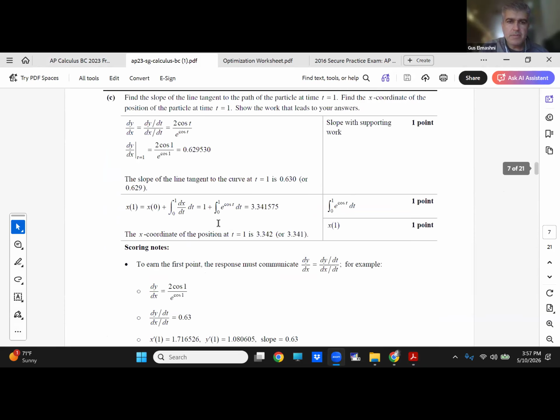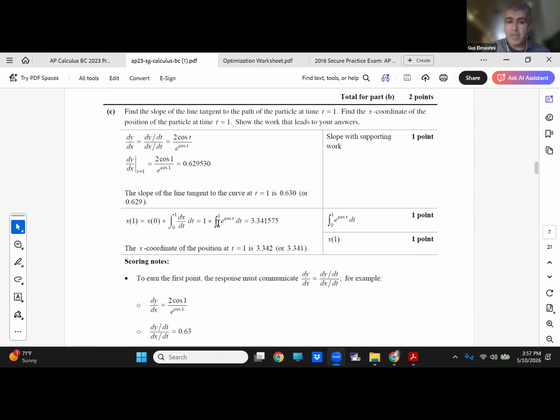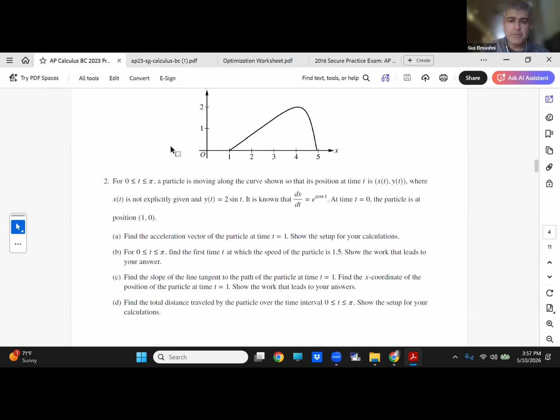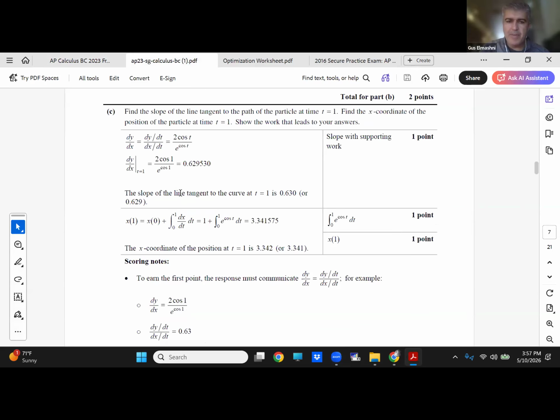Yeah, so remember, dy/dx is dy/dt over dx/dt, and you have x and y, so you can take those derivatives. That's not that hard. That's pretty easy. Evaluate it, use your calculator, and then choose the proper formula.